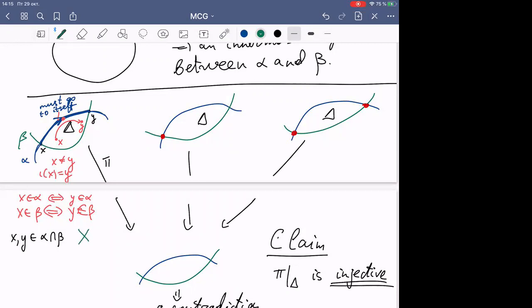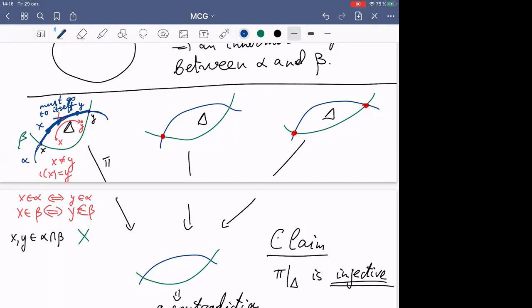Next situation is that x and y are both on alpha. X is here and y is here. The same, x and y are swapped by the involution, hence they are interchanged. Hence this arc between them is taken to itself, reversing the orientation.